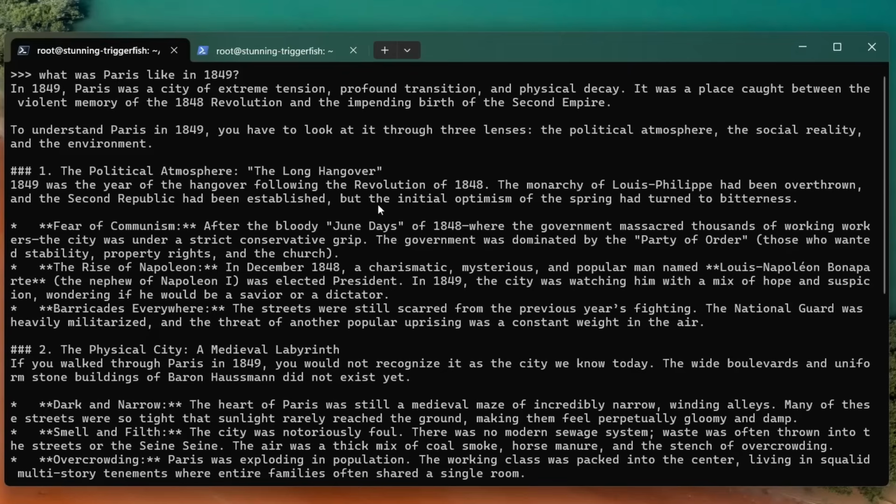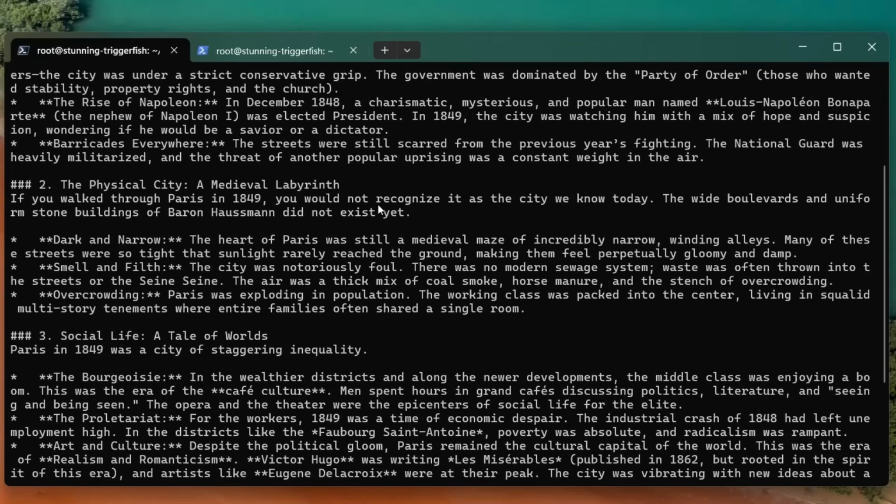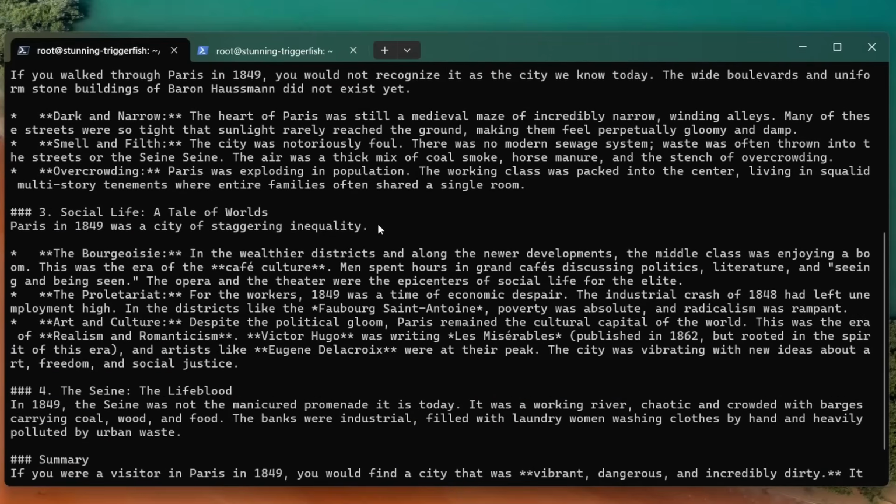Now, you can start to argue about its style and some of the things it's saying. So, for example, if we look at this here, Victor Hugo was writing Les Miserables, published in 1862. So, no, he wasn't actually writing it at that point. It's way too early, 1849 to 1862, and it didn't take him that long to write it.